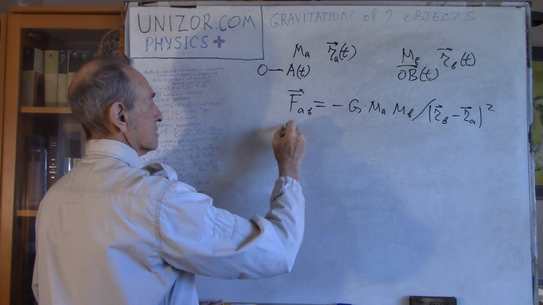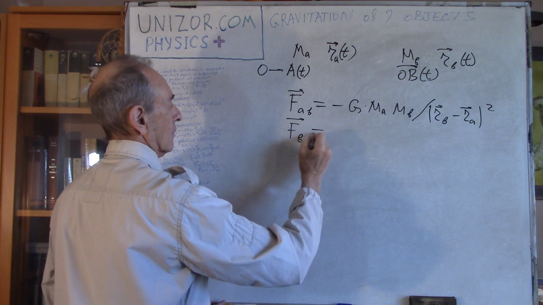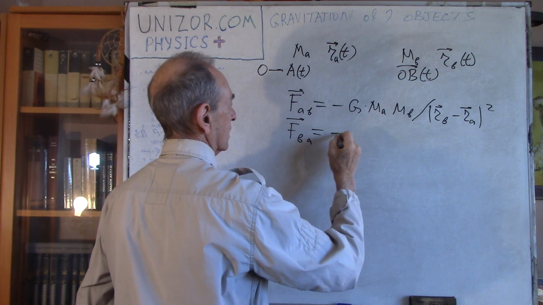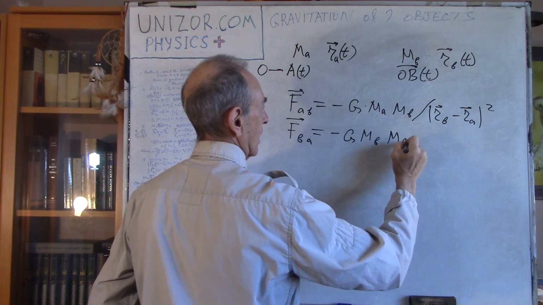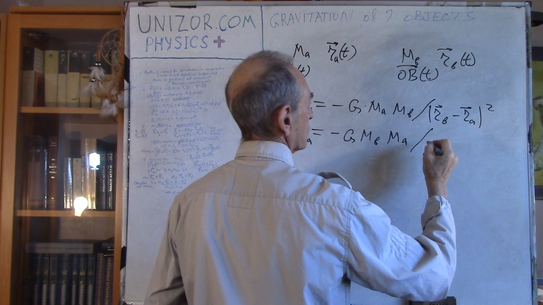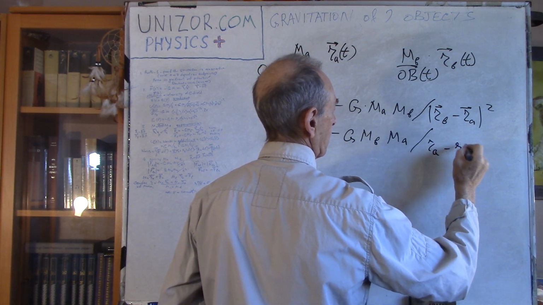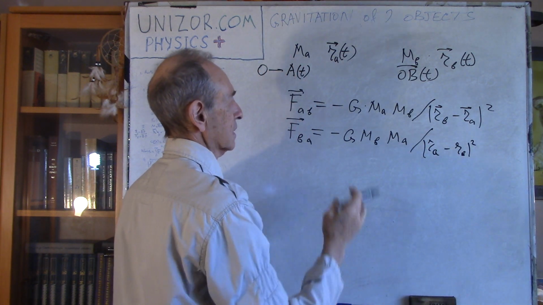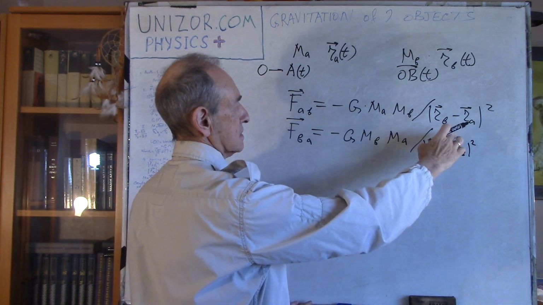Okay, now let's talk about the force which is from B to A. Well, it looks the same, but here you have to put RA minus RB. Now, while here it looks exactly the same, but this is not a good thing, because this is a vector and this is a scalar.